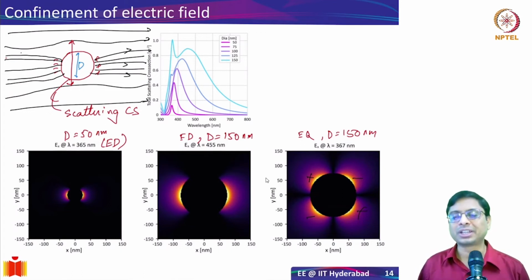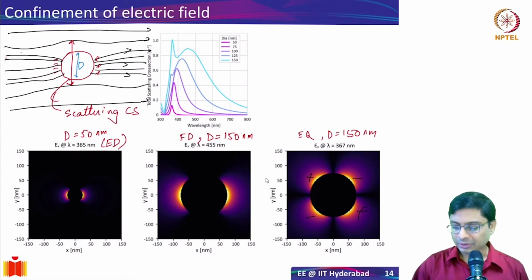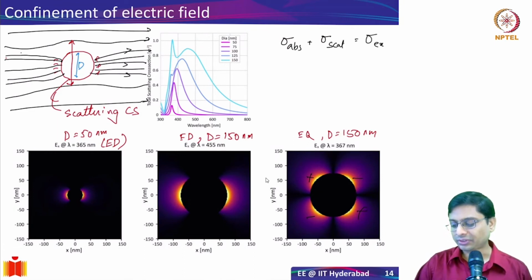If you actually compute the amount of joule losses for these, it is not that significant. Using Mie theory, we can compute what is known as sigma, the cross section. I'll call it the absorption cross section plus the scattering cross section, and I can compute what is known as the extinction cross section.